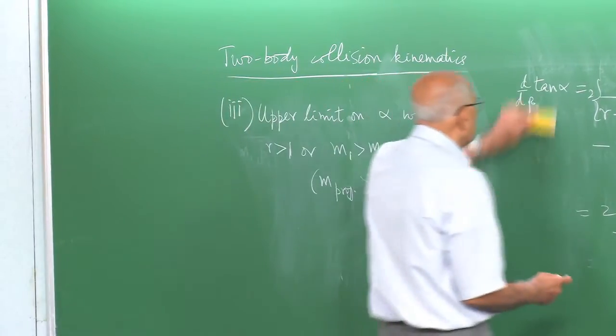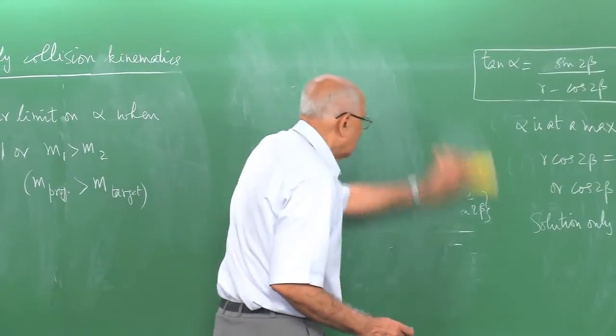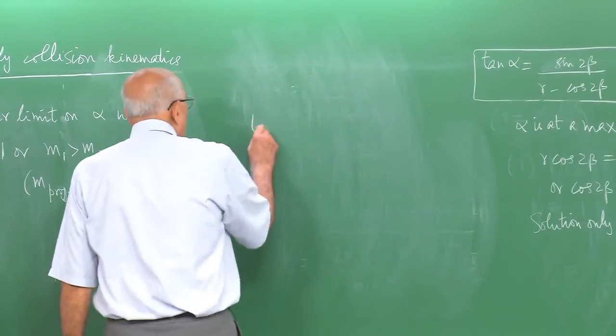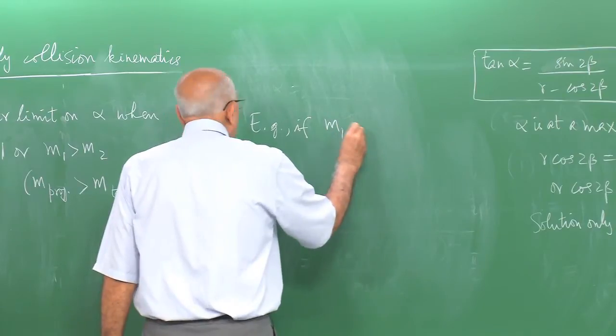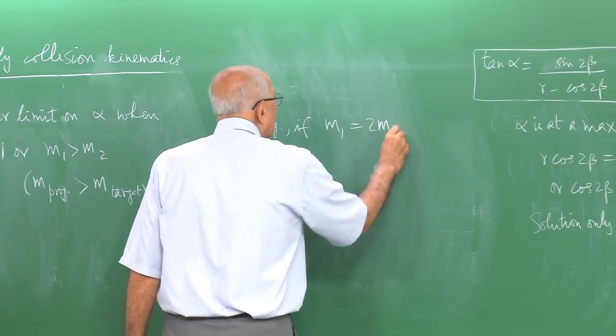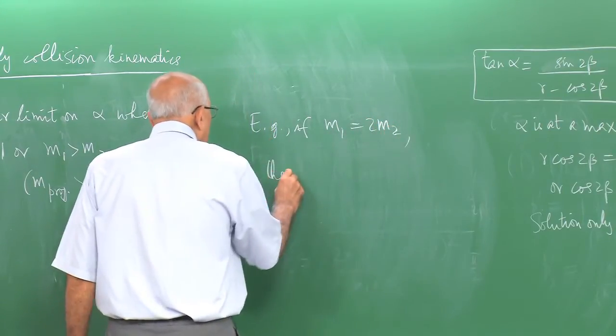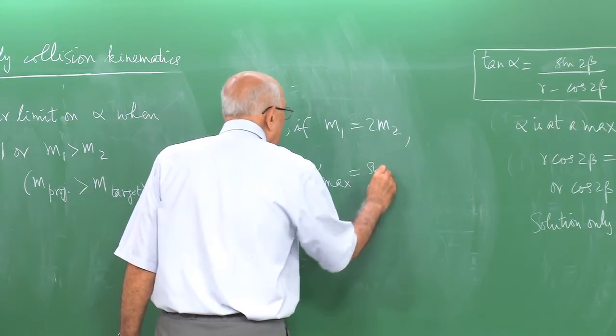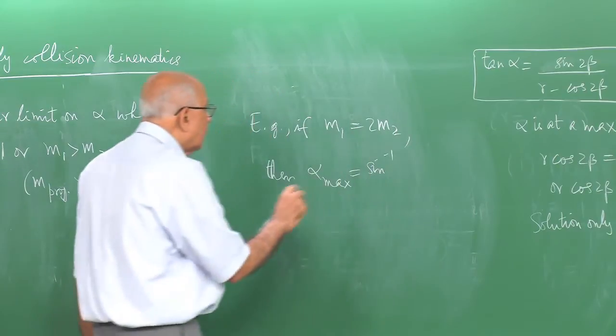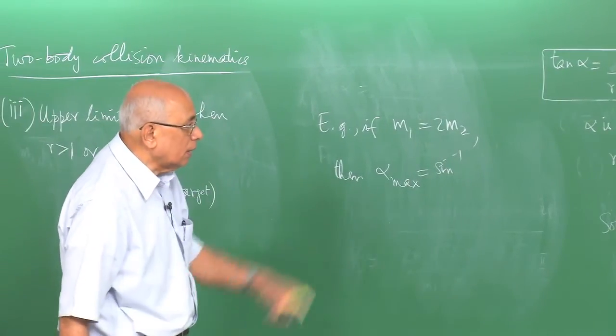For instance, as an example, if m1 is equal to twice m2, then alpha max equals sine inverse of 1 over the ratio, and the ratio, as you can see, is a half.